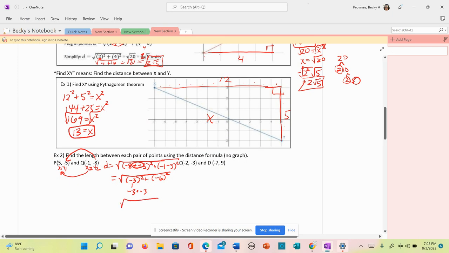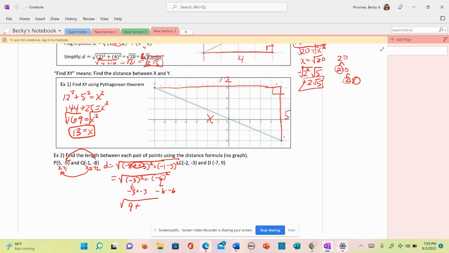And so this is +9. And so this one over here is technically -6 times -6, which is a positive 36. So 9 plus 36 is 45. My distance is the square root of 45.